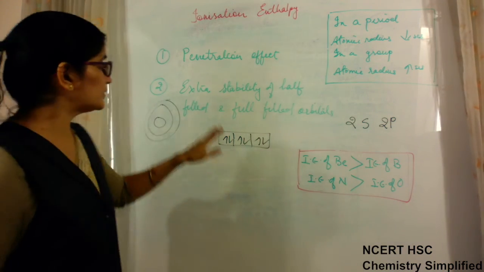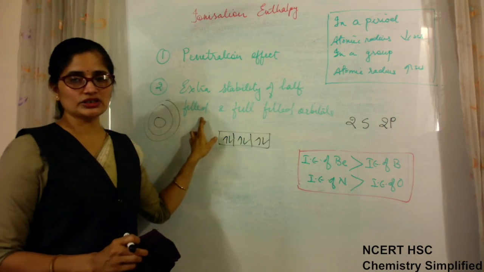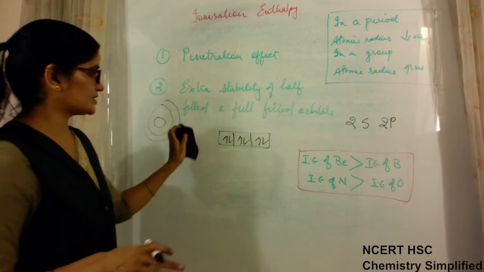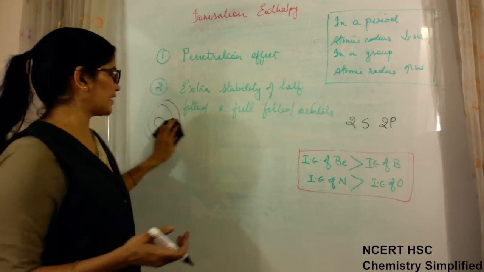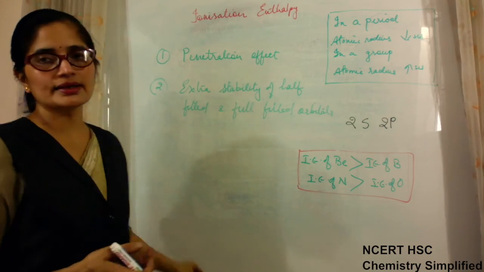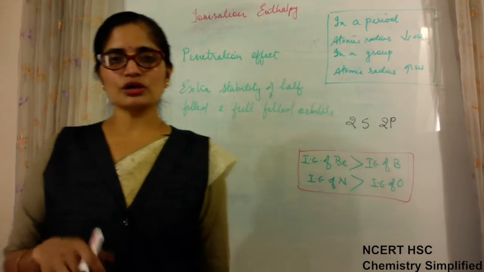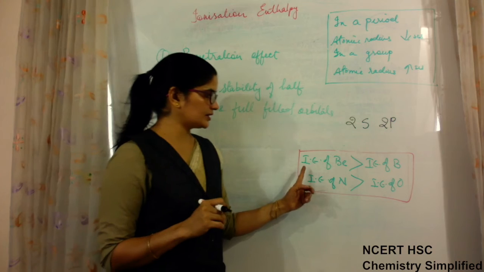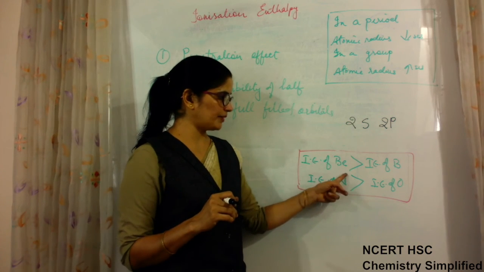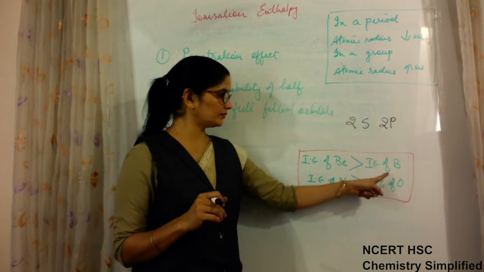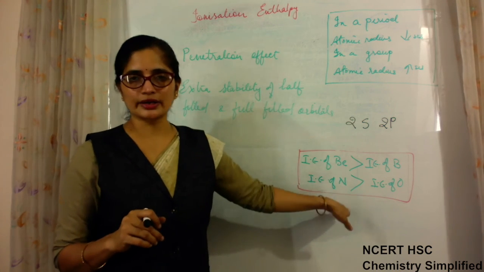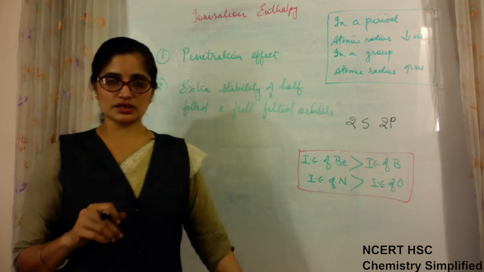Clear? So whenever these two factors come into action, there will be abnormality in the trend of ionization enthalpy or any other factor also. Because of this reason, the anomalies we have discussed, ionization enthalpy of beryllium is more than boron, and ionization enthalpy of nitrogen is more than oxygen.